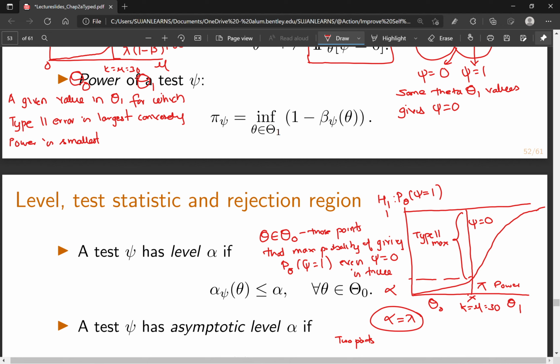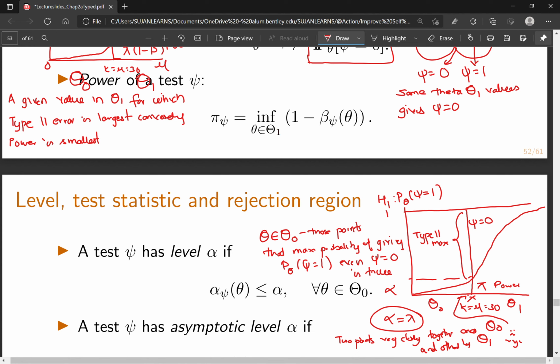Two points are very close together, one belonging to theta naught and another belonging to theta 1, and they lie here. This is what's happening: there are two points that are very close together, one belonging to theta naught and one to theta 1.